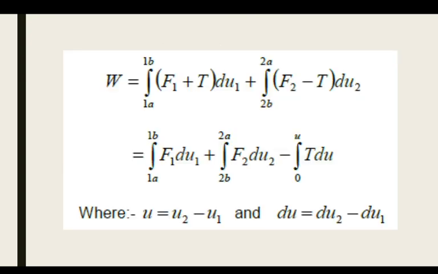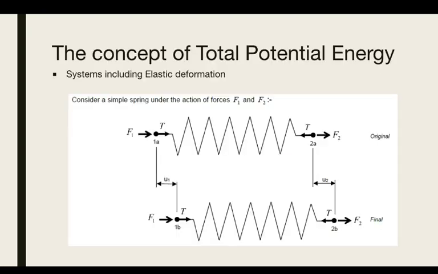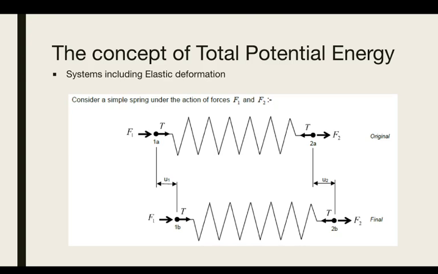If you look at the work done from point A to point B, there are two components: the energy due to the application of force F1 and the energy due to the application of force F2 at point 2A.